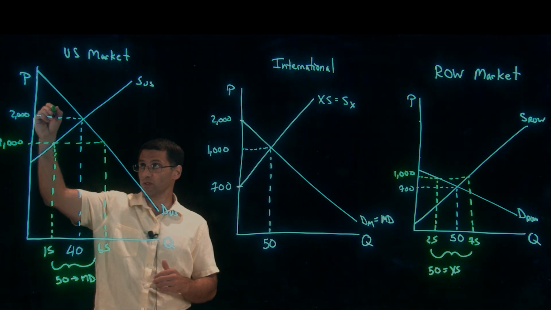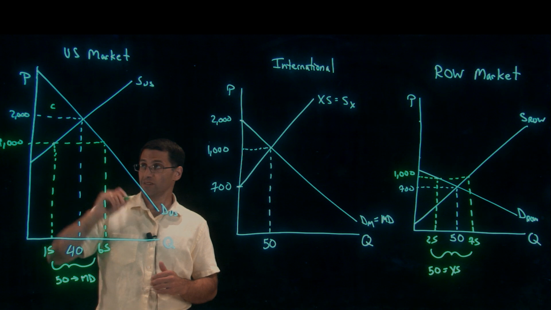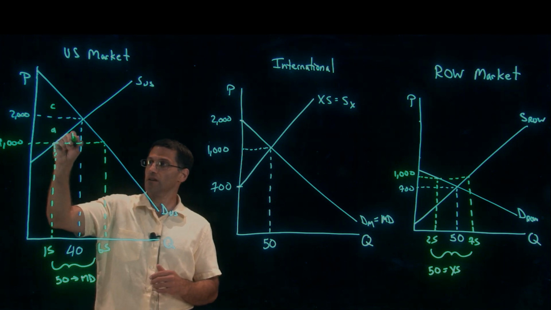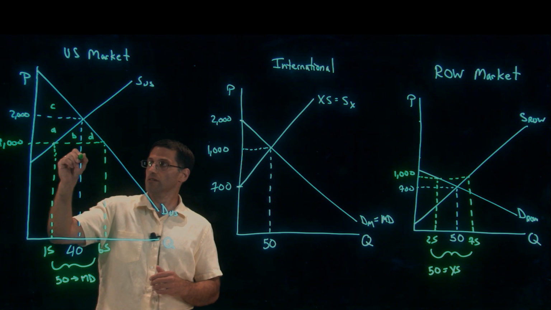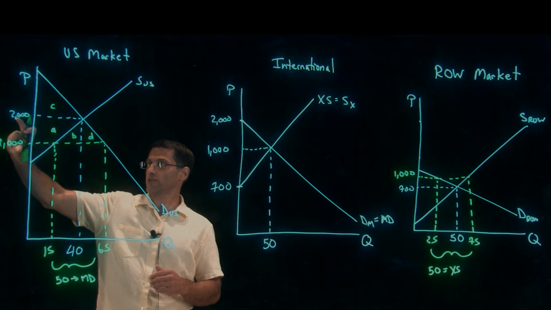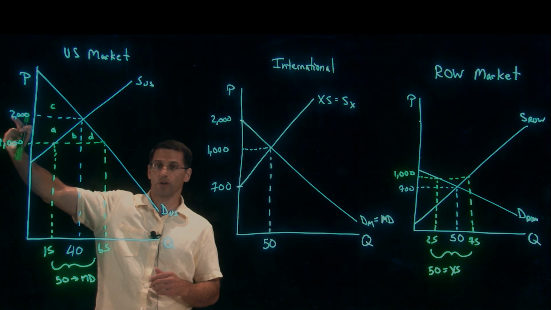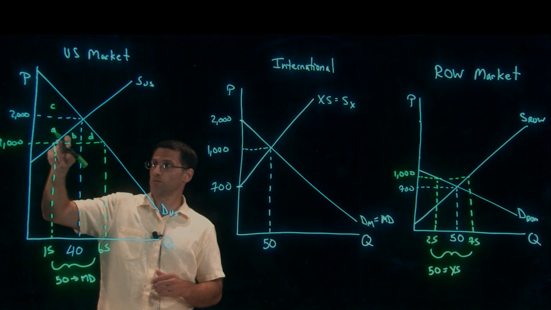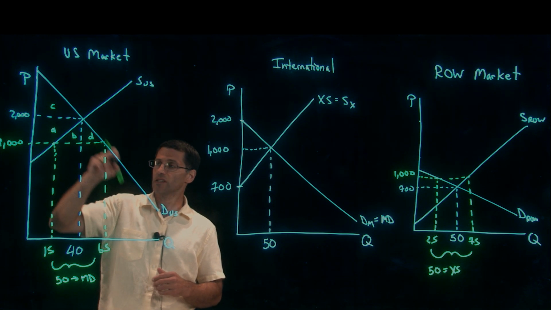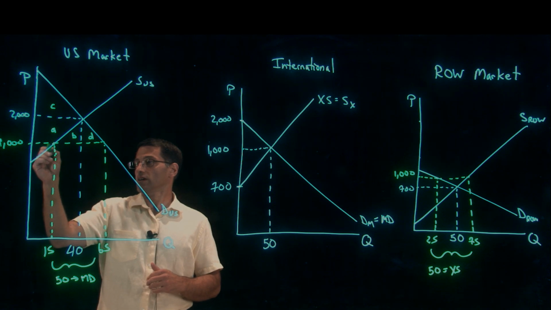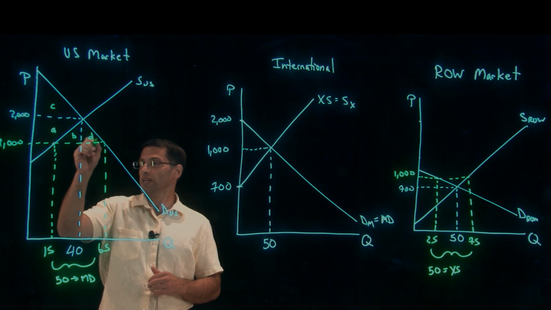So consumers will initially get C, but now they're also going to get these areas that we're going to label A, B, and D. Those areas are between the prices of 2,000 and 1,000. A is to the left of the supply curve. B is this triangle here, and D is this one. So consumers are going to gain A, B, and D.